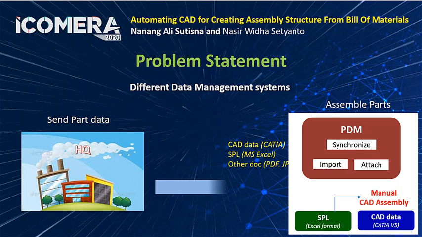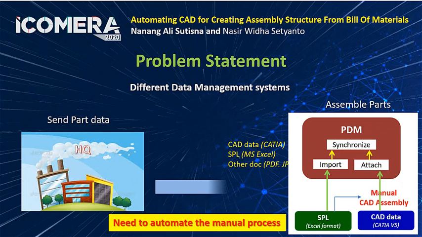Of course, it is very time consuming as there are about 6,000 parts in a motorcycle and up to 30,000 parts in a car. Then later on, they have to import the SPL file into PDM and attach the corresponding CAD parts. Then it is synchronized. So it needs to automate the manual process.